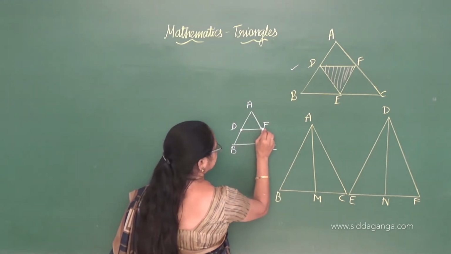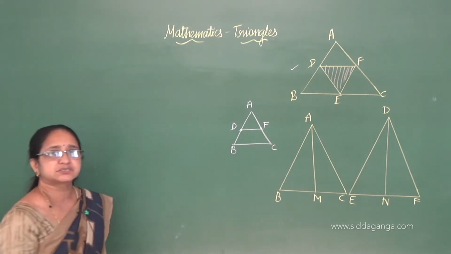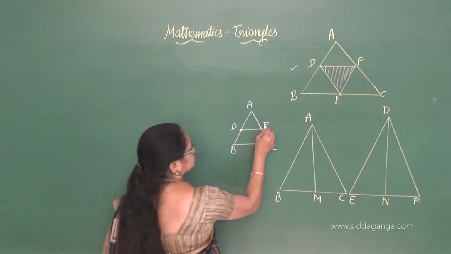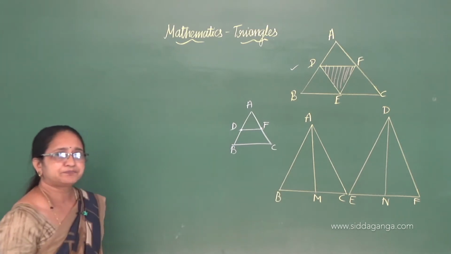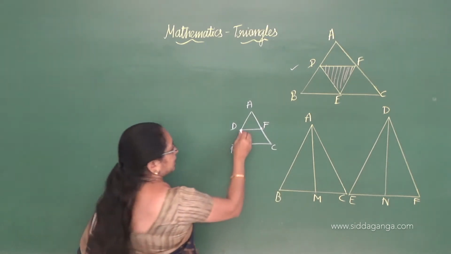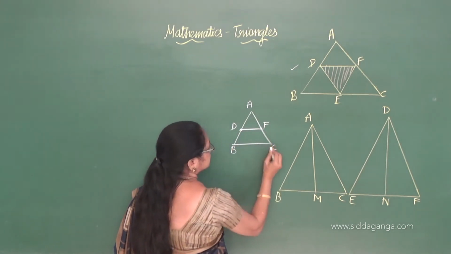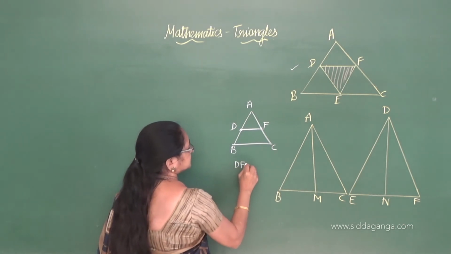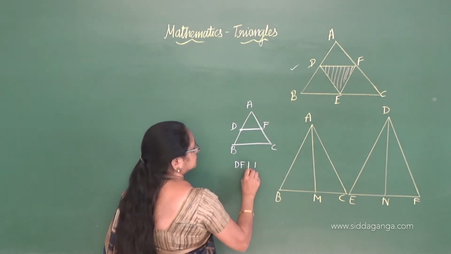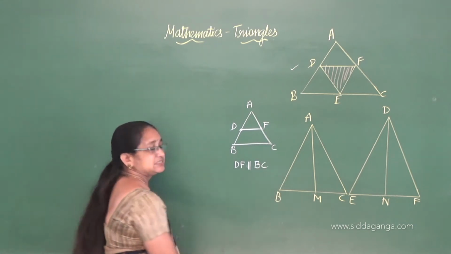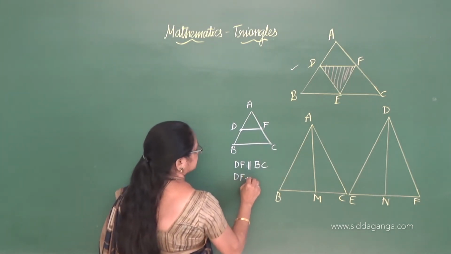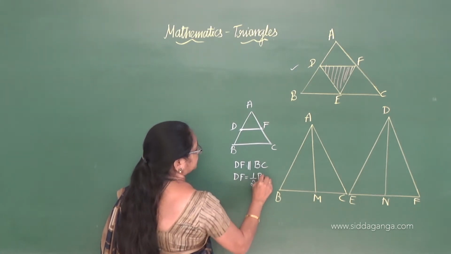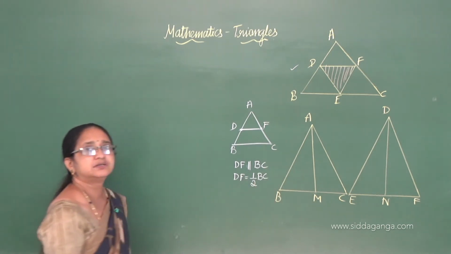The line segment joining the midpoints of two sides of a triangle is parallel to the third side, meaning here DF is parallel to the third side, that is BC, and also DF is half of BC. I hope you can recall this midpoint theorem.